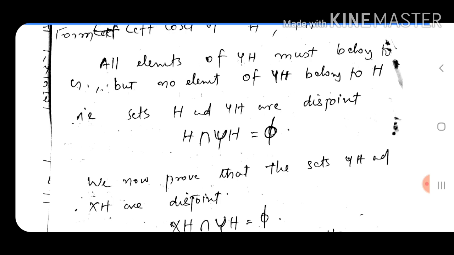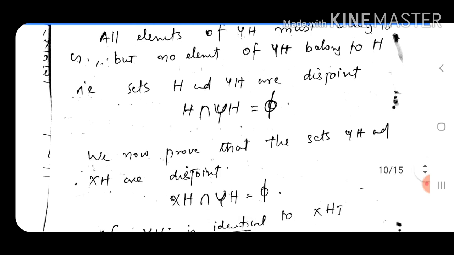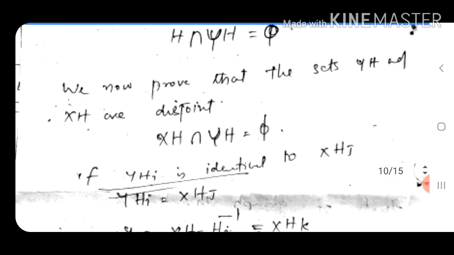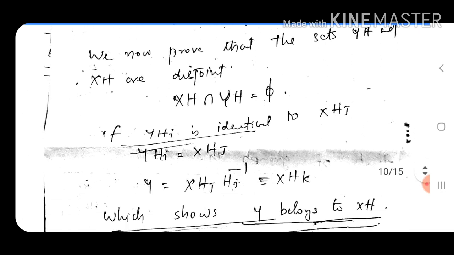Next step is we prove that the sets YH and XH are disjoint. That means none of the elements in YH belong to XH, that is, XH intersection YH is a null set.